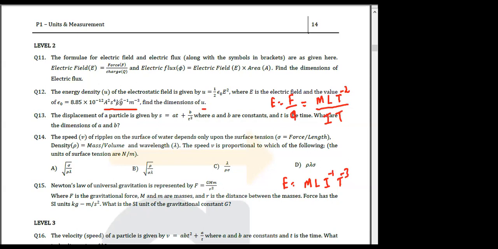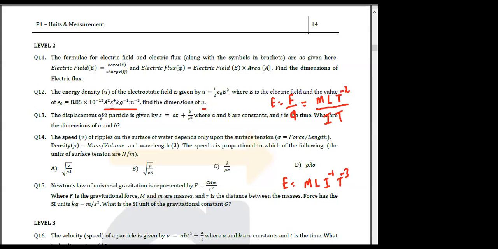Think about it. Here A is used for current, right? A is used for ampere. Where we used I, they have used ampere as the unit, right? So the unit of current is ampere, so it is A.